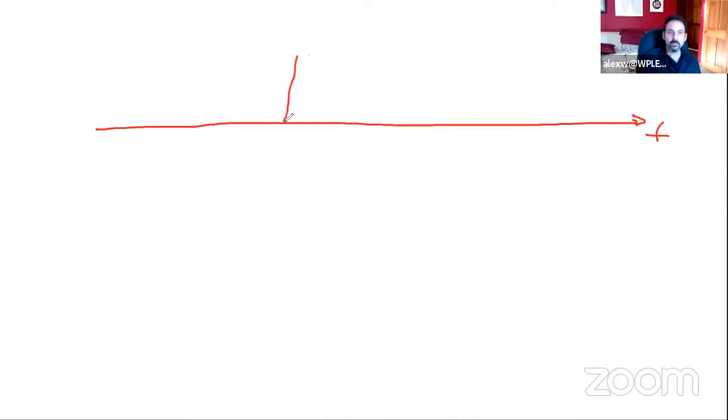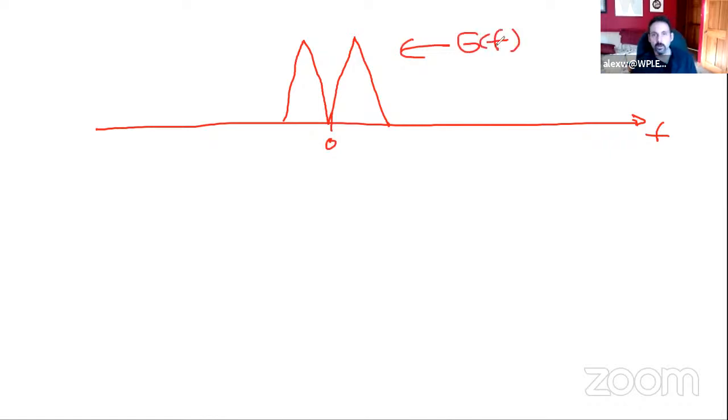So let's say that mapping function, we have that baseband representation here. And let's say it looks like these 2 triangular thingies, right? At 0. And that's like G of F, just like what I showed you here.